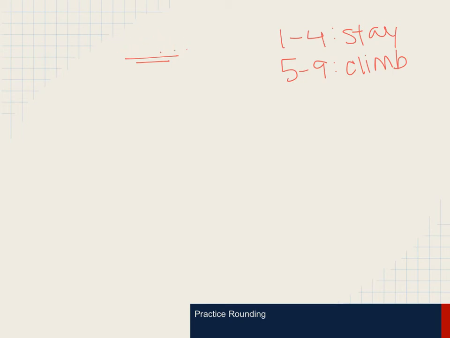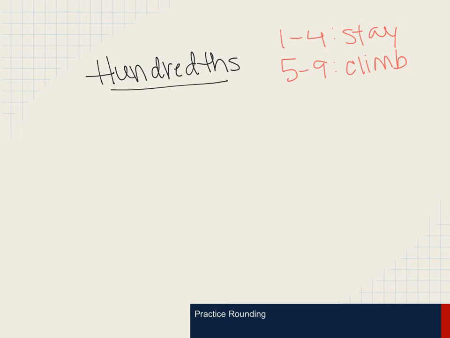Let's try rounding a number to the nearest hundredths place. If we're rounding to the nearest hundredths place, we should underline the hundredths place. It's the bossy neighbor next door that tells that place what to do.